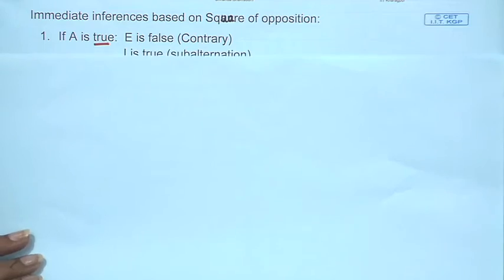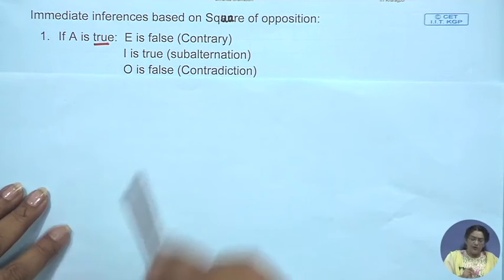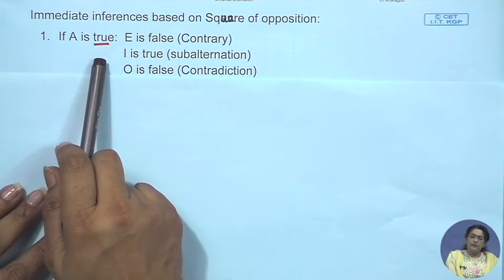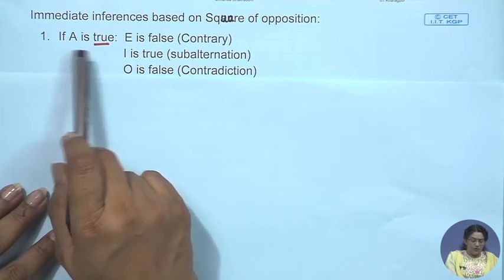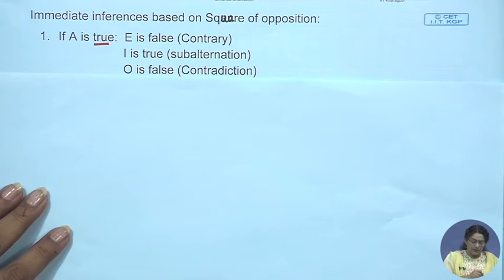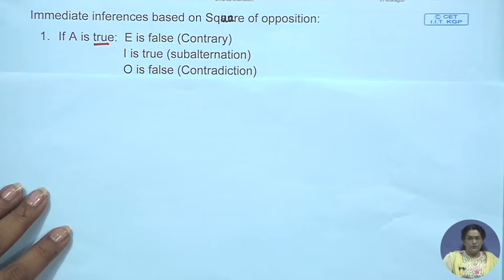Okay. So, immediately I can see that some of you will say, but O has to be false. Why? Because we know that O is false by contradiction. And once more, remember contrary, both cannot be true. So, if A is true, the corresponding E will have to be false. Remember subalternation, truth flows down.